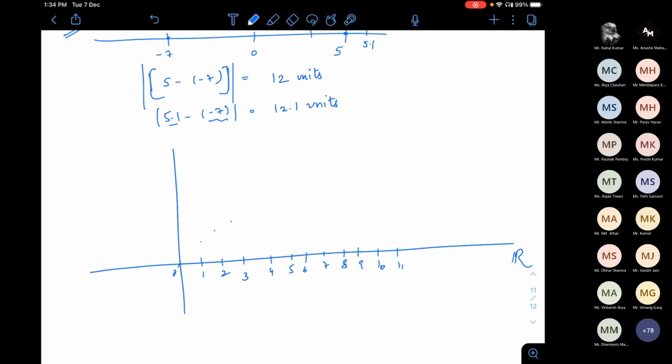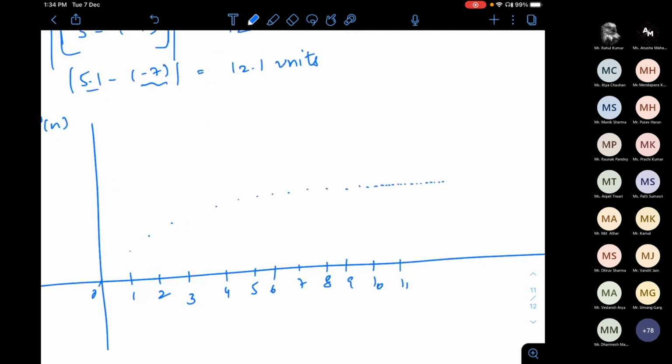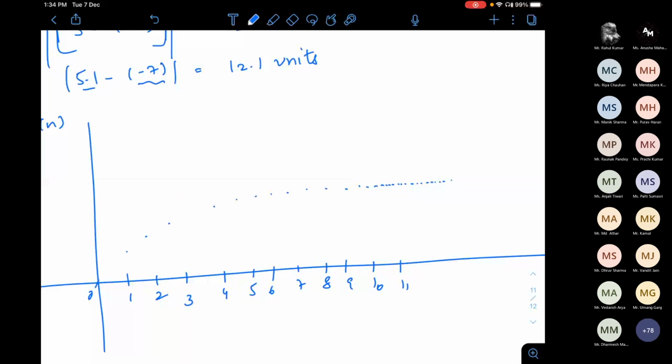Let's suppose these are the values, these are fn's, because a sequence is just a function on the natural numbers. So we are particularly interested in natural numbers. This is somehow plotted. Let me zoom it out so that some dots can be seen.